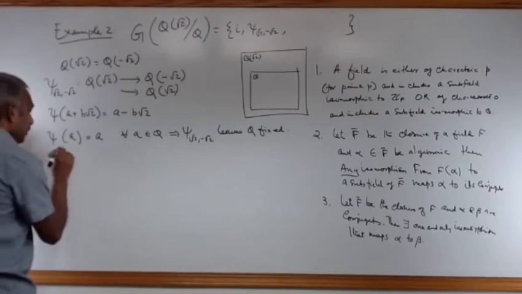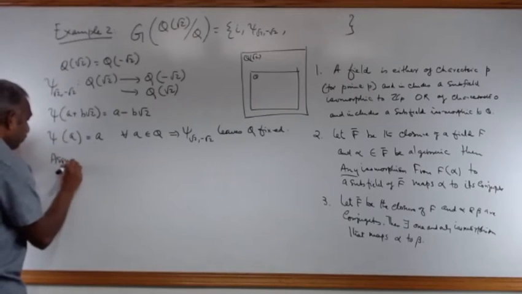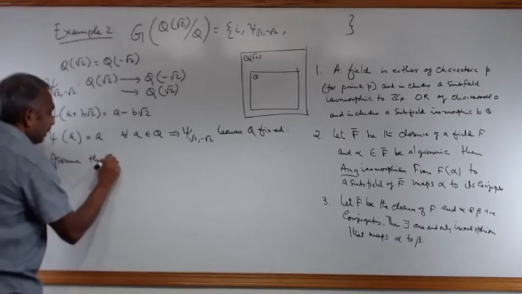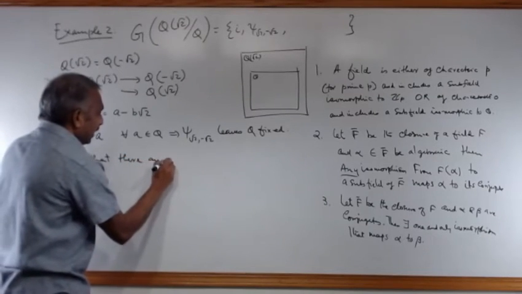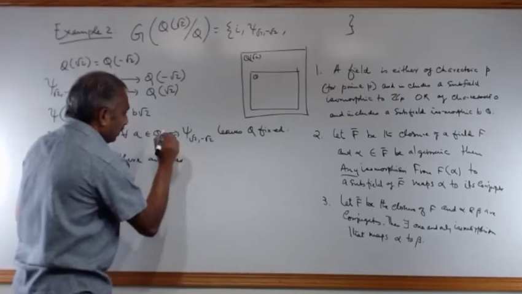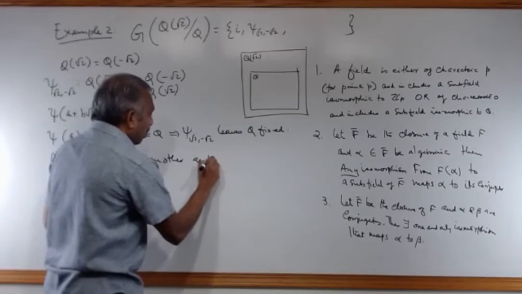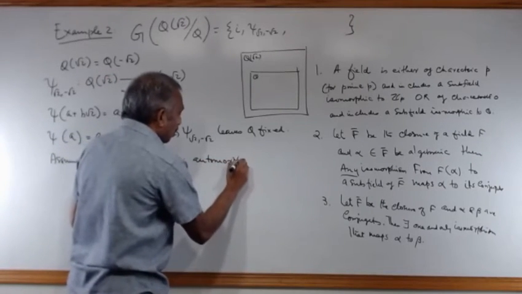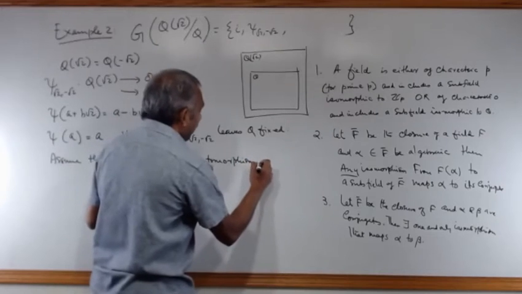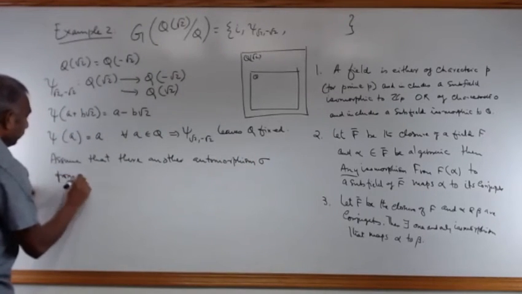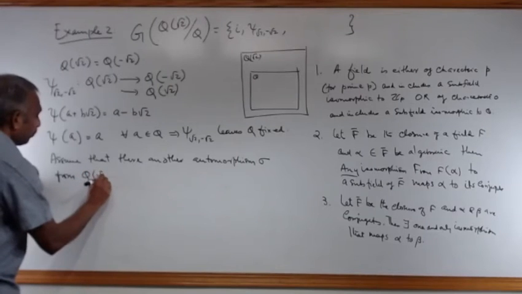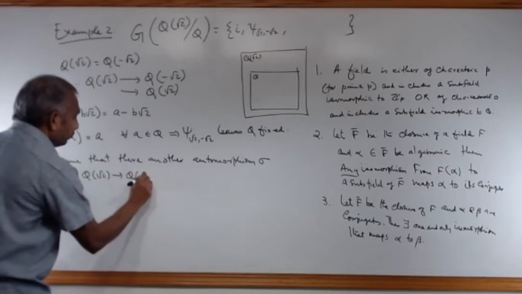So let us assume that there is another automorphism, say sigma, from Q root 2 to Q root 2.